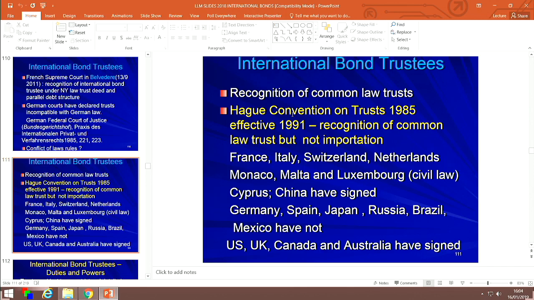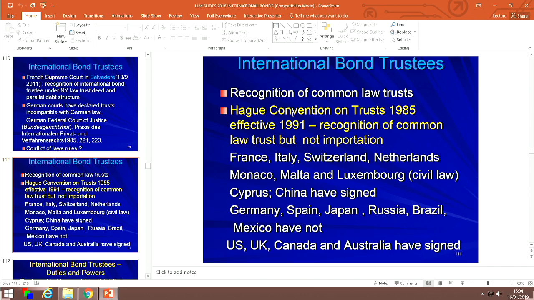The solution was, no, I shouldn't use the word solution. A possible solution is to be found in a Hague Convention on Trusts, drafted in final form in 1985, effective 1991, which requires all signatories to recognize the common law trust. Note, just recognize, not to import it, not to incorporate it into their law systems, simply that they will recognize a common law trust.